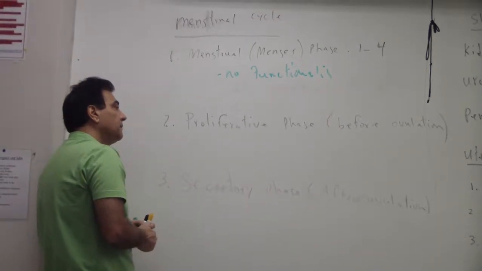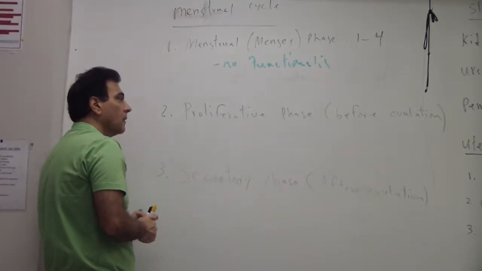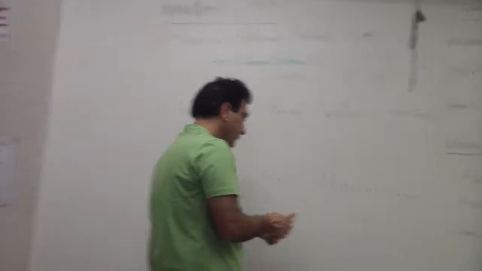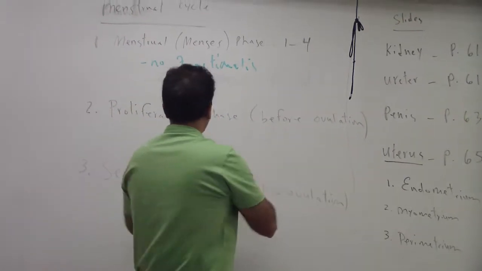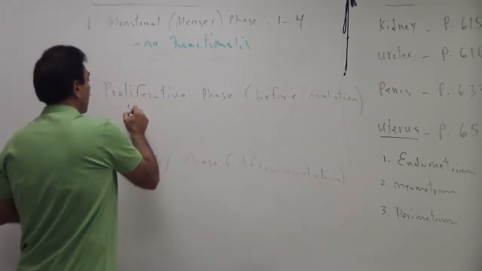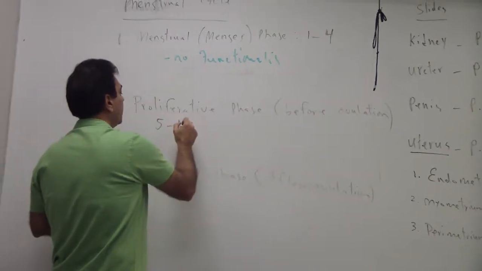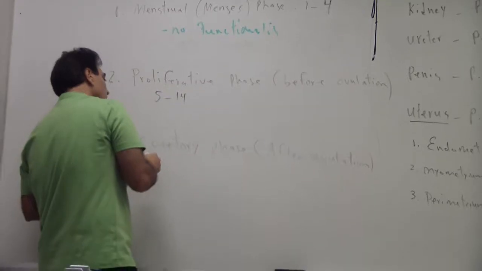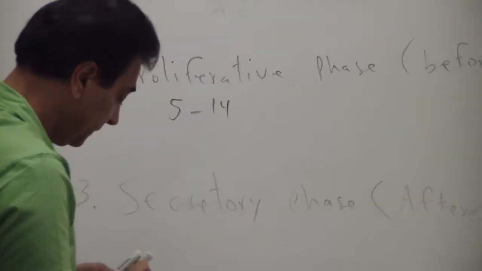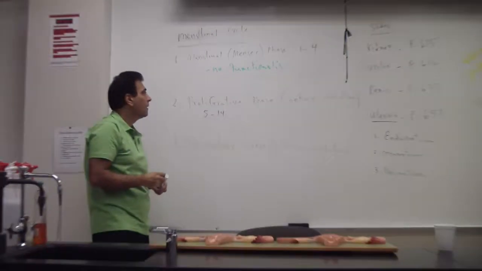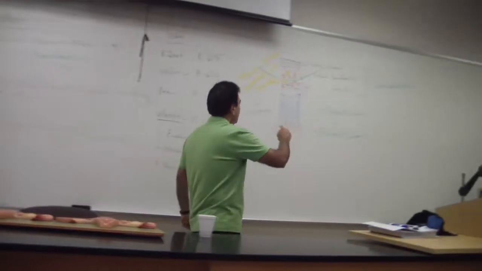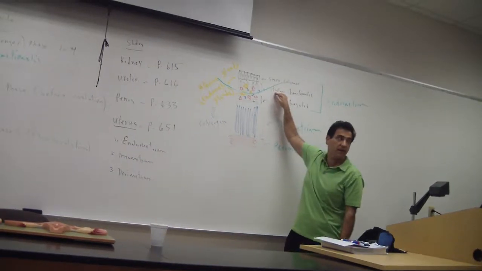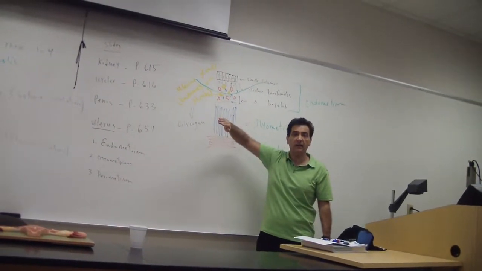Proliferative phase, this is day 4 or day 5, 4 to 14. It's called the proliferative phase. Remember, during the menses phase, the functionalis starts what? Shedding, yes?